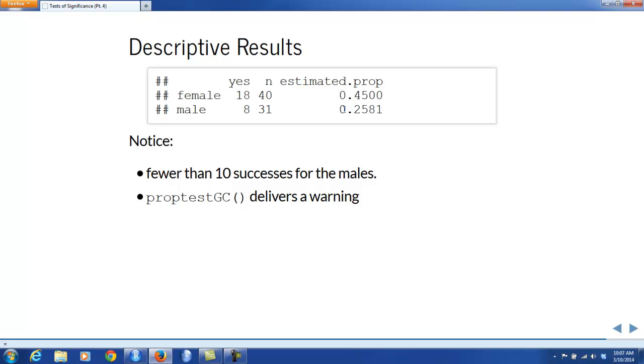Well, we have 8 males who believe in love at first sight. So in the male sample, we have 8 successes. That's less than 10. If you actually run the code for prop test GC, and you probably should just to see what will happen, you'll see that the machine computes all of the confidence intervals and p-values for you, but it also delivers a warning and suggests the use of some simulation.